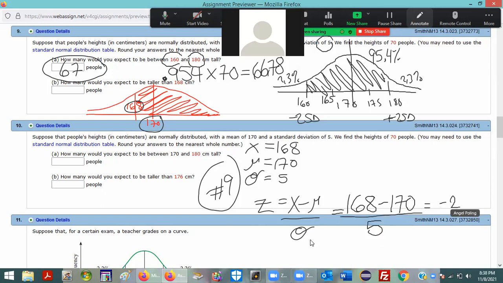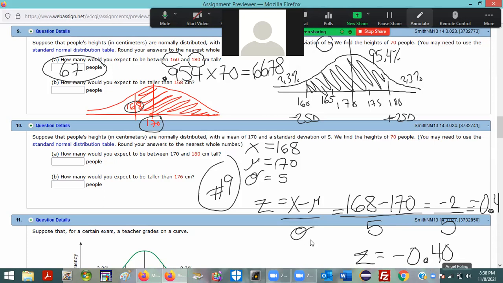When we plug those values in, we get 168 minus 170 over 5. That's -2 over 5, that's -0.4. So we have a z-score of -0.4.